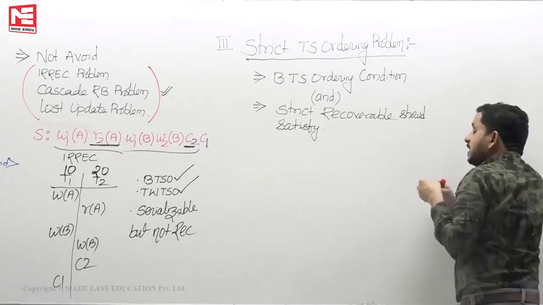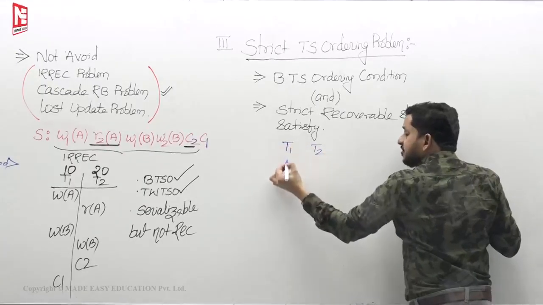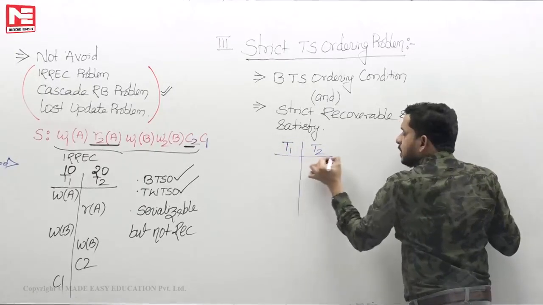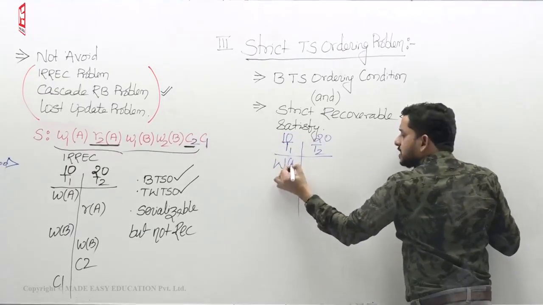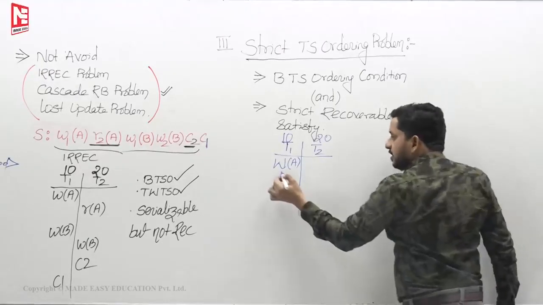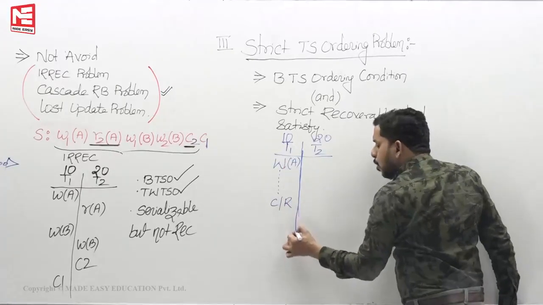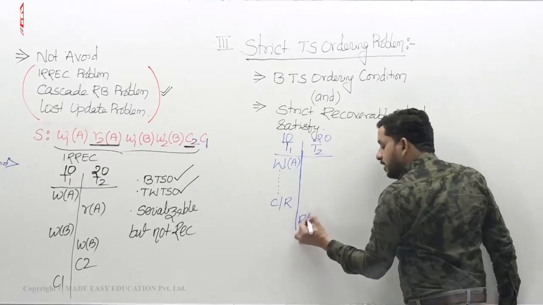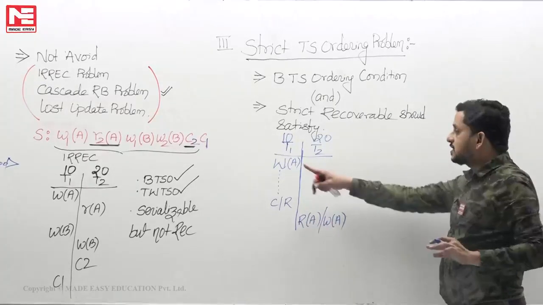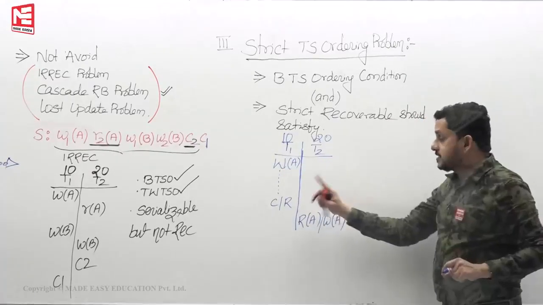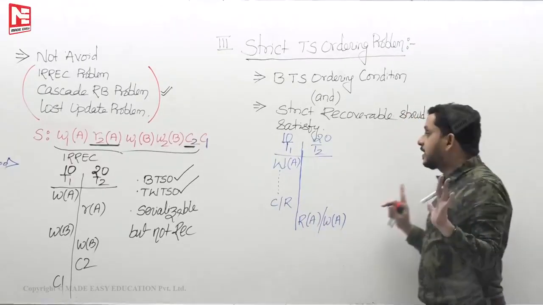We already discussed the meaning of strict. If some older transaction has already done a write, then until commit or rollback, no younger transaction is allowed to read A or write A. If some transaction writes the data, until commit or rollback, no other younger transaction can read or write the data.